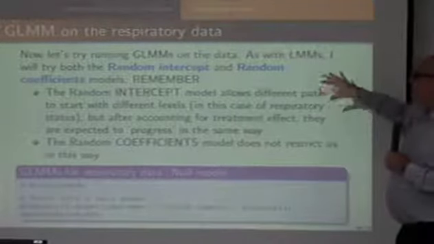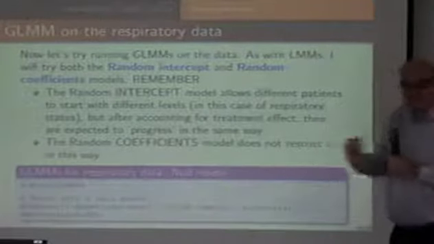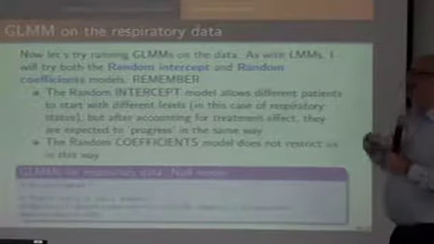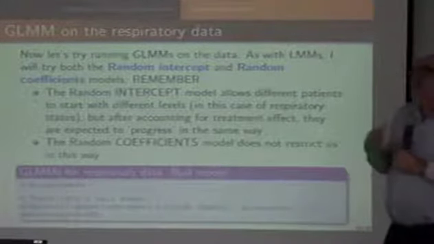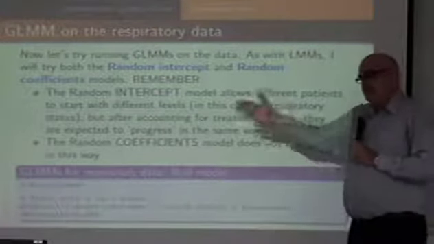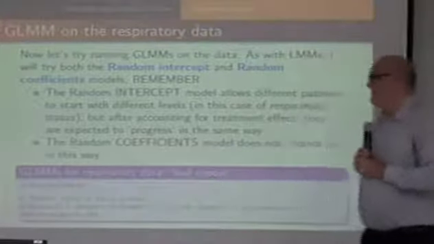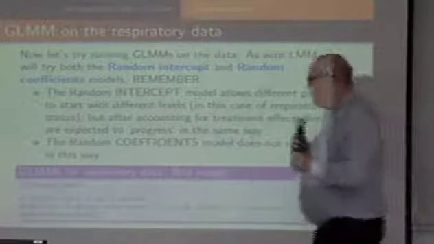But remember that we're talking about starting at different values, which is the intercept, and progressing differently, which was the random coefficients, or I should say random slope aspect. Okay, so here we go.